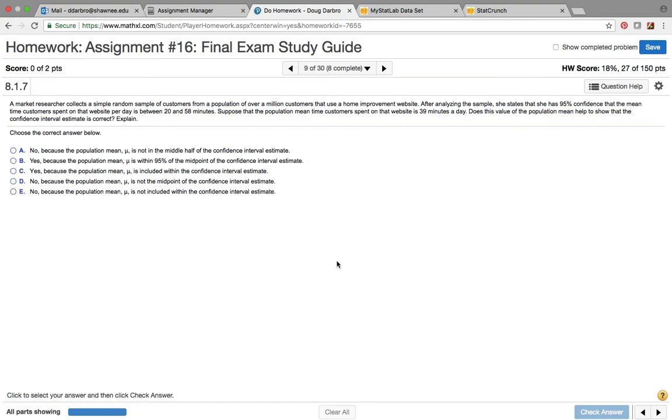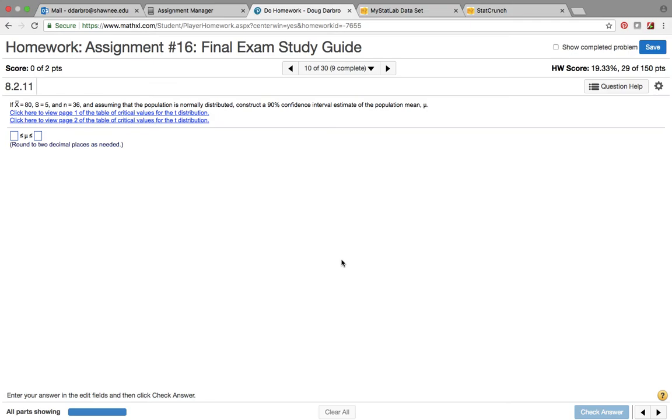Suppose the population mean time customers spent on that website is 39 minutes per day. Does the value of the population mean help show that the confidence interval estimate is correct? Well, since 39 is contained in it, we say yes because the population mean is contained within the confidence interval. So C would be the reasonable answer.